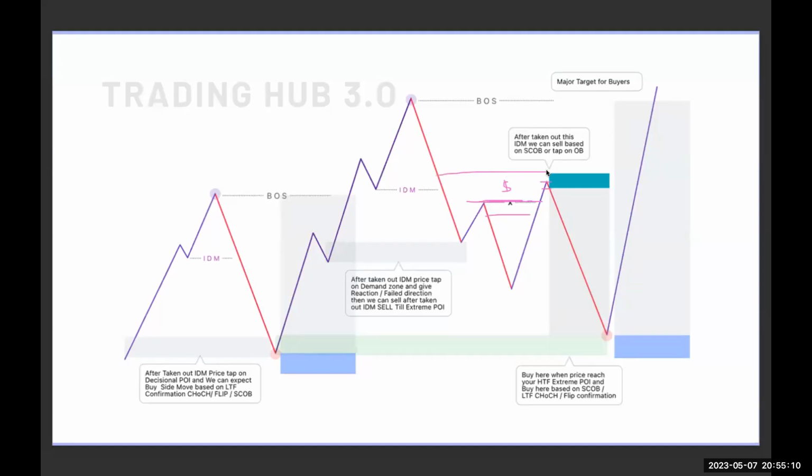Also, if the market mitigates any POI order block here, you can sell till the extreme order block, which is here. Okay. So simply you can sell here something like this.